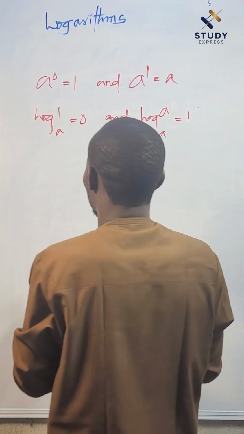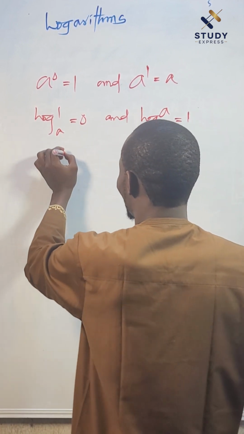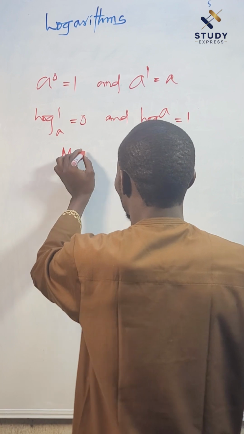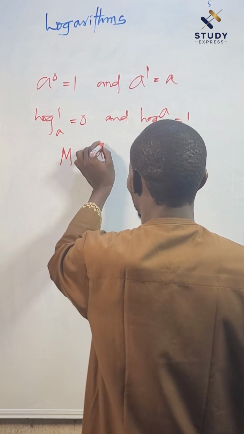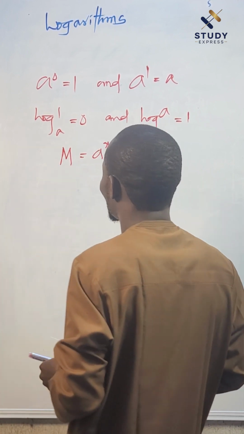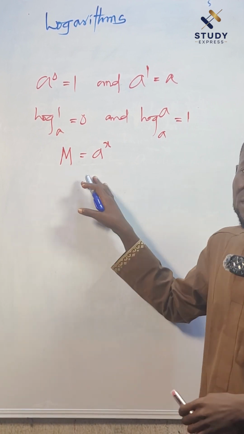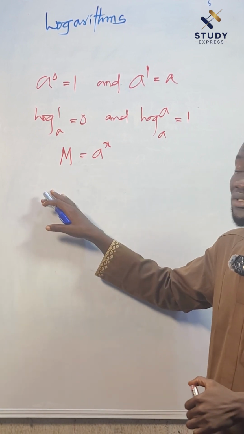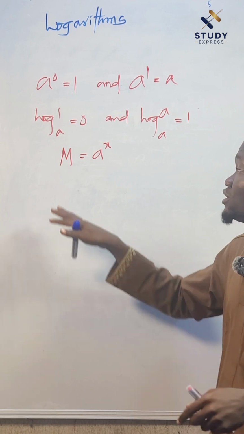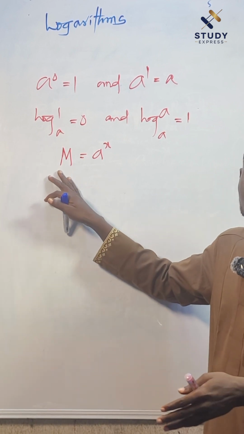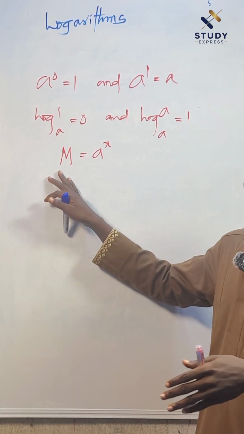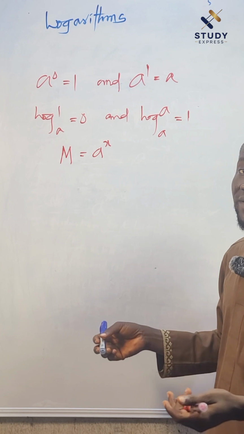Now check. If I have a number, like I told you, m is a number which is equal to a raised to the power of x. So m is a number raised to the power of x. If this number is also expressed in an exponent form or in an index form, what did I mean by that?